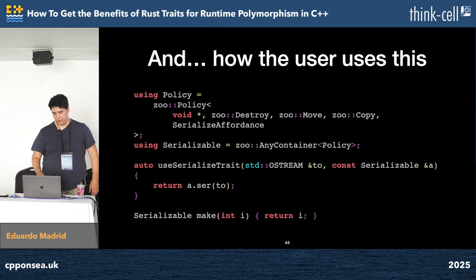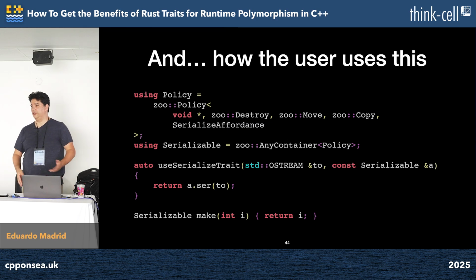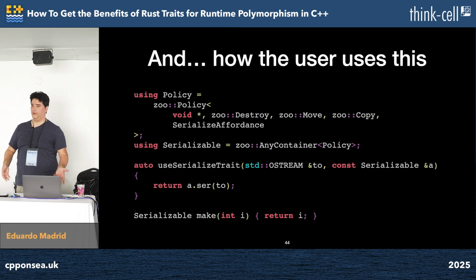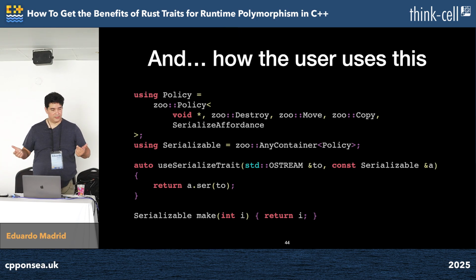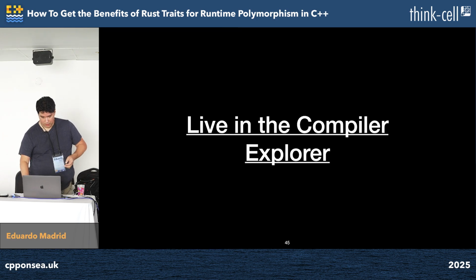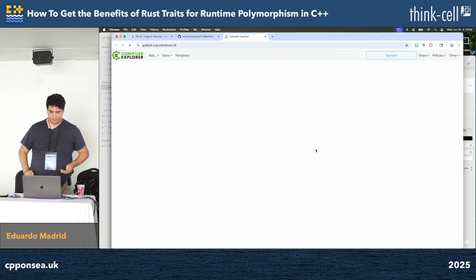And the function that will transform an integer into a serializable is what ends the slide. It is simply to return it. Of course, it begins as an integer type, and now it is of a different type, which is a serializable, which is an any container on the policy that has the affordance of serialized affordance. Questions? All right. So, of course, we can see this live in the compiler explorer.